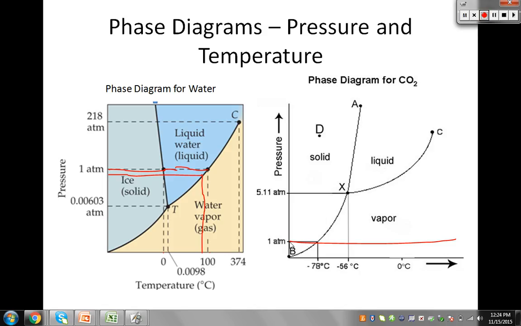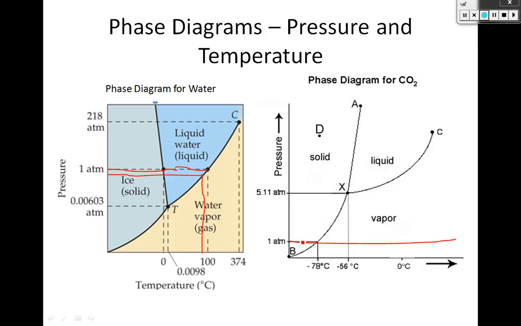Okay, so here at 1 atmosphere, we can see that the carbon dioxide goes straight from solid to gas. So that's subliming, right? And we might think that then carbon dioxide doesn't exist as a liquid, but it's just that the pressure at 1 atmosphere is too low. If we were to increase the pressure, so let's find this is 0 degrees, right?